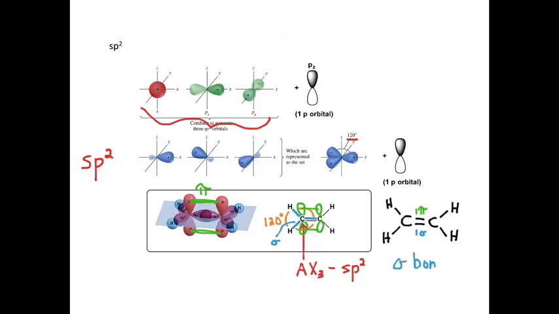Sigma bonds are stronger than pi bonds. Alright, so that is one note we want to remember. Sigma bonds are stronger than pi bonds. And let's write this on the other side here.